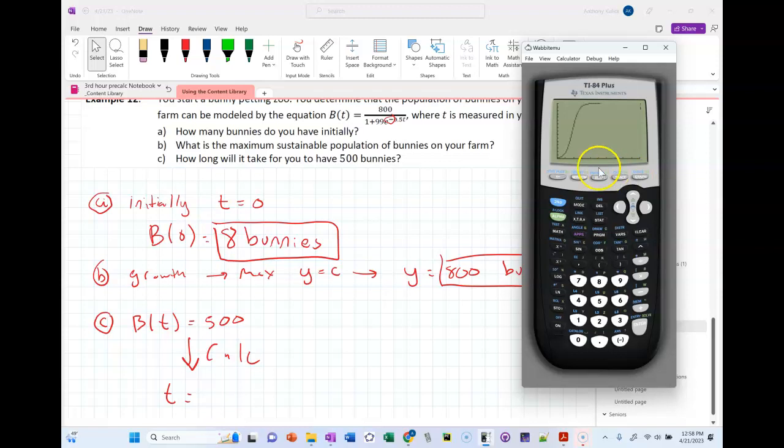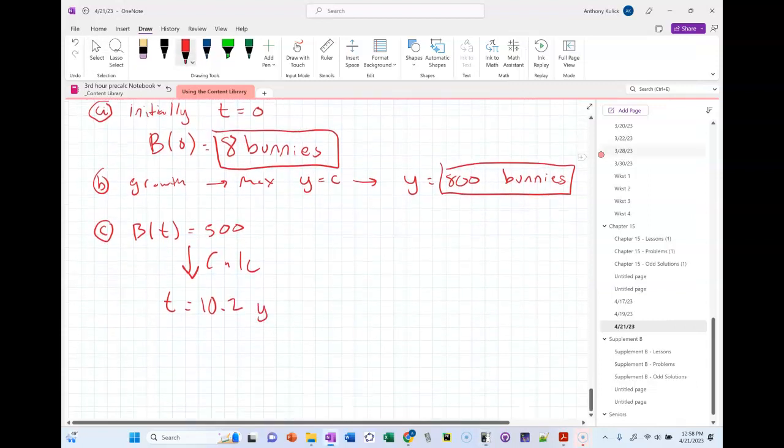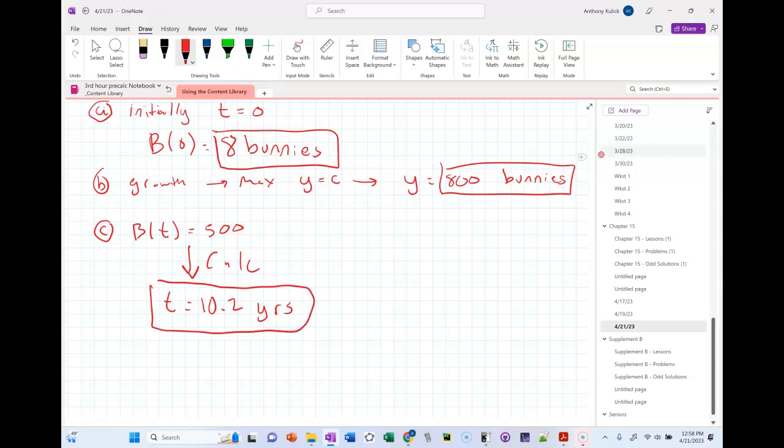There's my nice S-curve. Here's 500. There's my intersection. Second trace, intersect command, enter, enter, enter. 10.2. So in 10.2 years, I've turned my 8 bunnies into 500 bunnies. Those bunnies were getting busy.